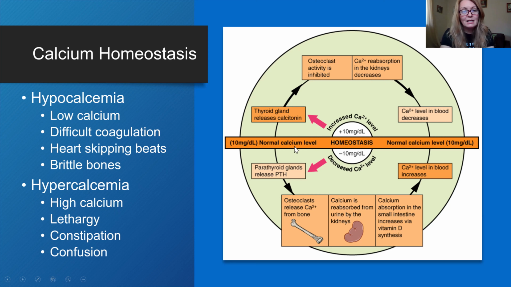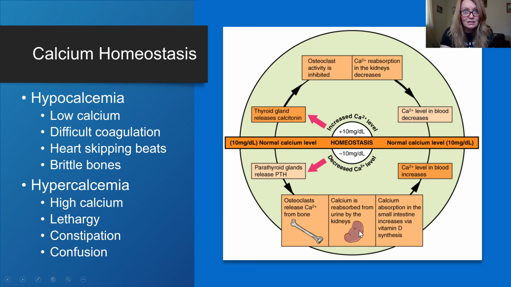Now, if calcium level drops, then your parathyroid gland releases parathyroid hormone. The parathyroid hormone also affects osteoclasts, but it promotes their work. So osteoclasts become more active because of this hormone and they start dissolving your bones more and more and secreting more calcium into the blood.